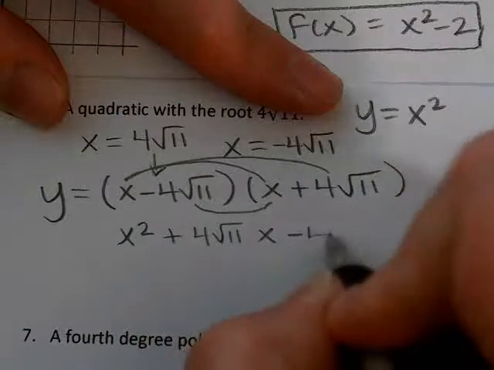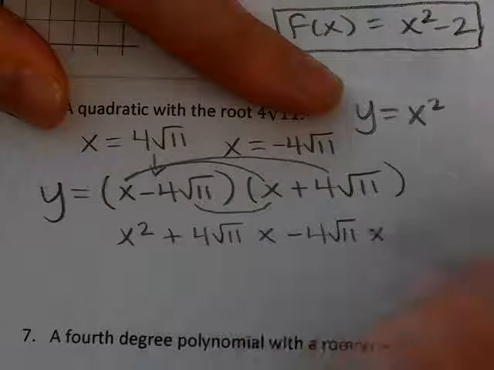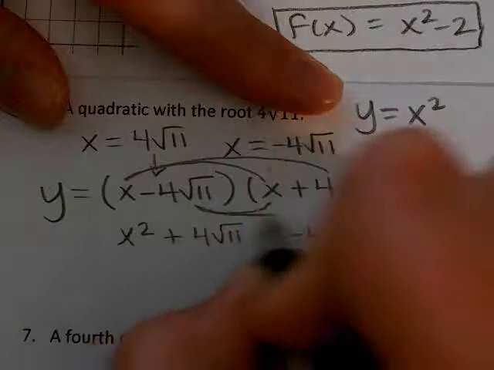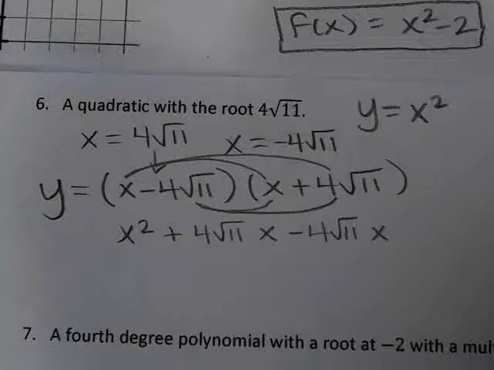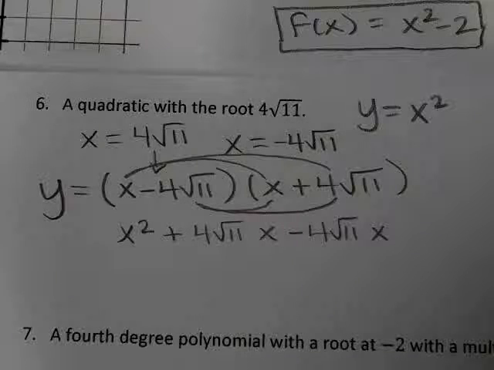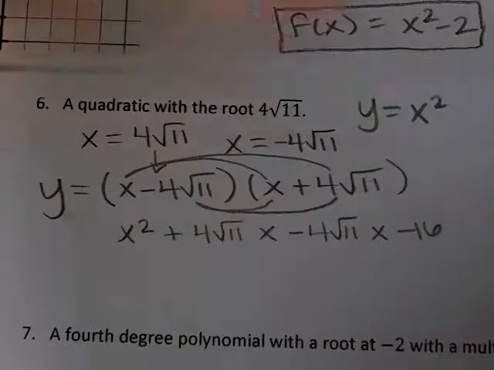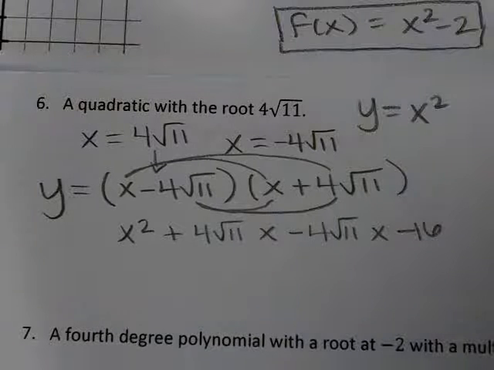And then the next one is negative 4 square root 11 times positive 4 square root 11, and this is a flashback to Math 2. So we do negative 4 times positive 4, which is negative 16. And then we do root 11 times root 11, which is root 121.